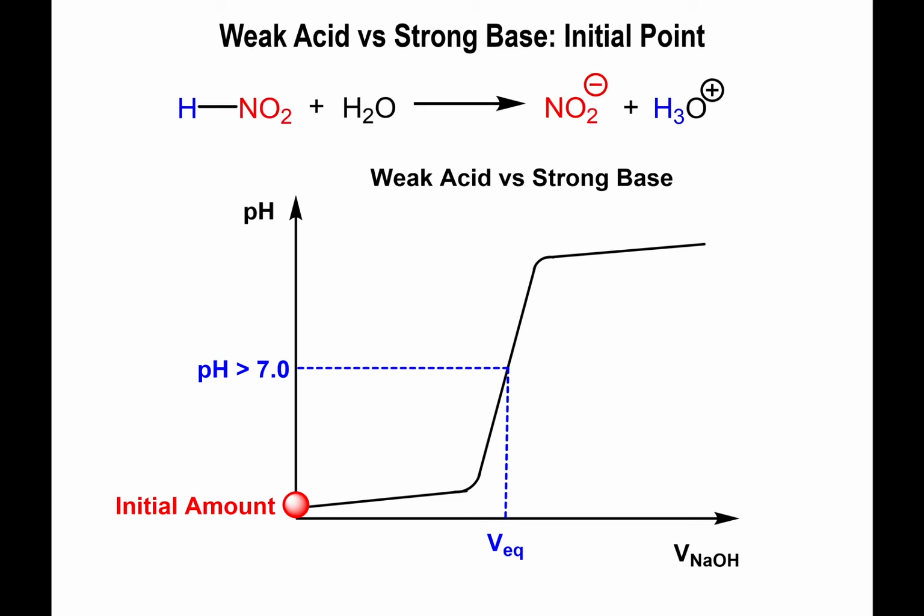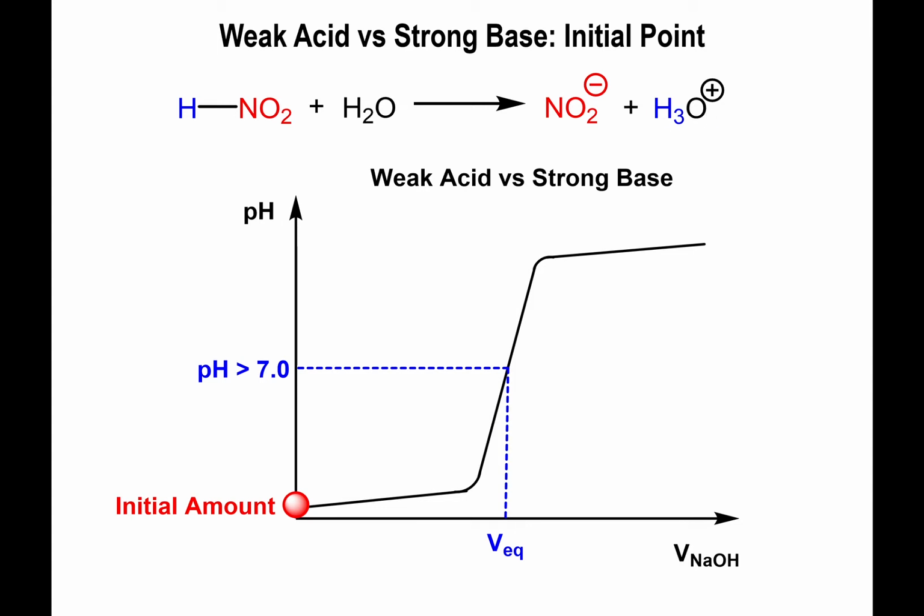Okay, so I'm going to make it very specific. Let's say that the weak acid we're dealing with is nitrous acid. Dissolving nitrous acid in water to make an acidic solution will ultimately result in a reaction where you form the conjugate base nitrite and the conjugate acid hydronium.